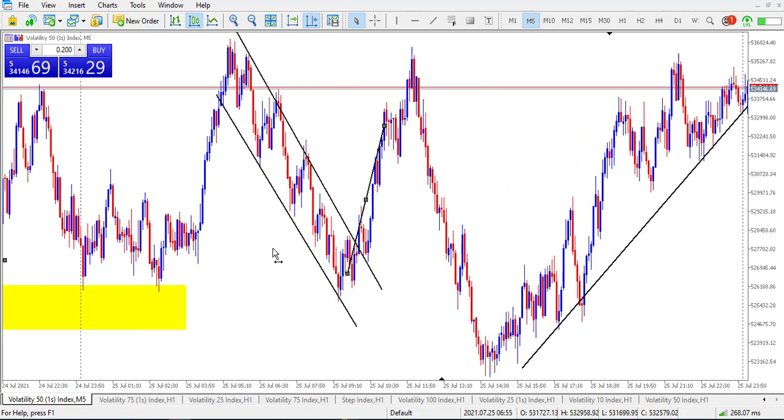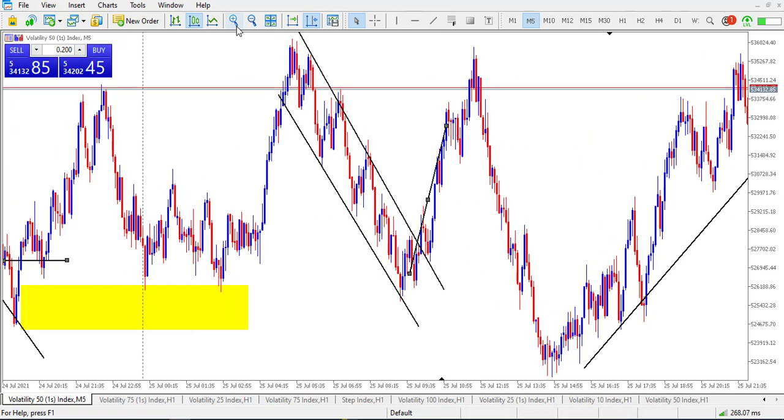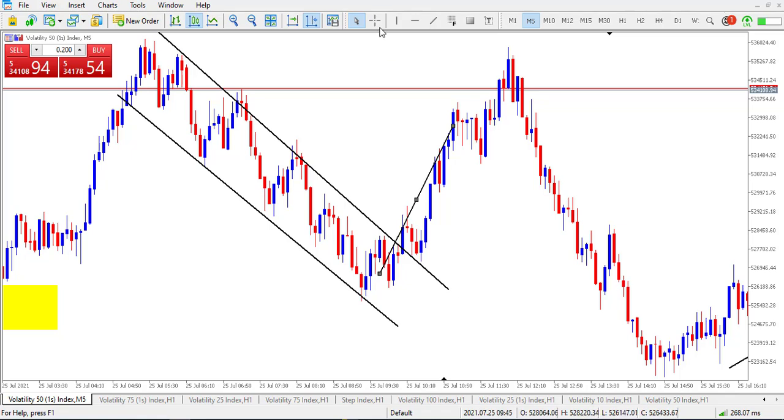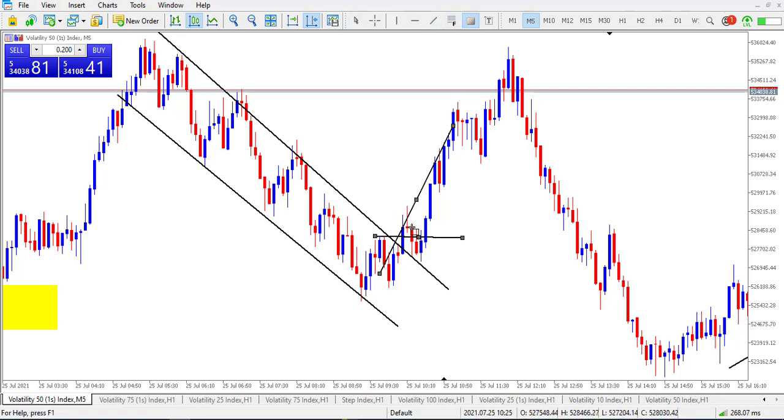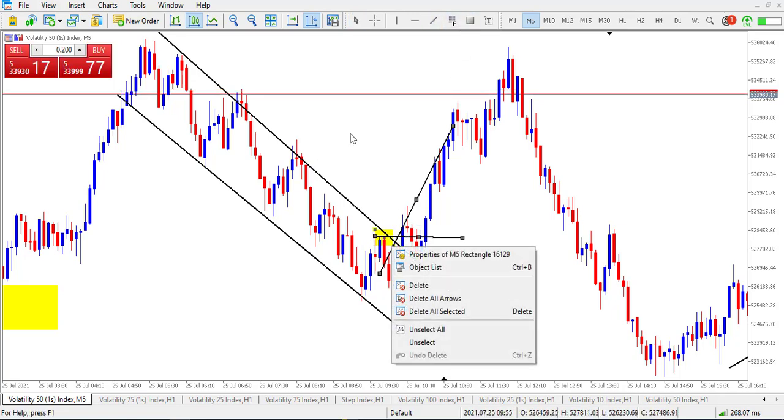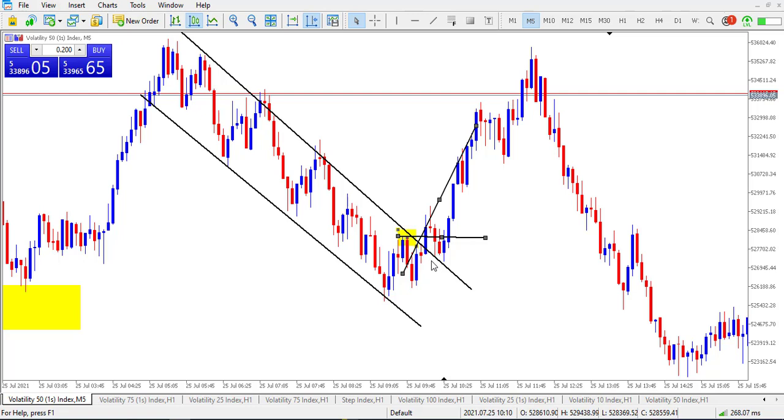So break of structure, let's just zoom a bit so that you can see what I'm talking about. This is the break of structure, right? This break of this high. So number 1, we are saying we have a break of the trend line, a break of a channel like this. Then after that, we are looking back to see if we had a break of market structure.